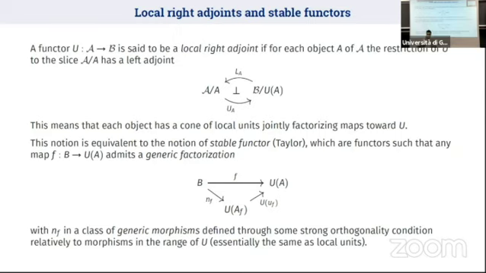In fact, this notion can be rephrased in an alternative way, which is a notion of stable functor, which is more akin to factorization and orthogonality, in which you state that any map toward an object in the range of your functor factorizes as a map in the range of the functor on the right, and on the left, a map enjoying some kind of strong orthogonality property relatively to maps that are in the range of your functor.